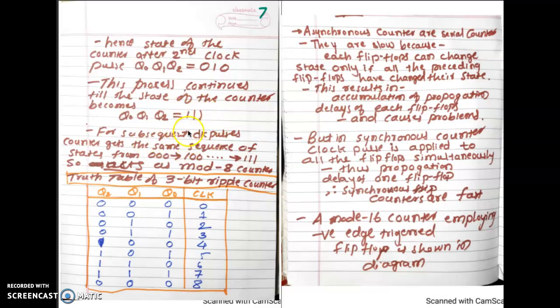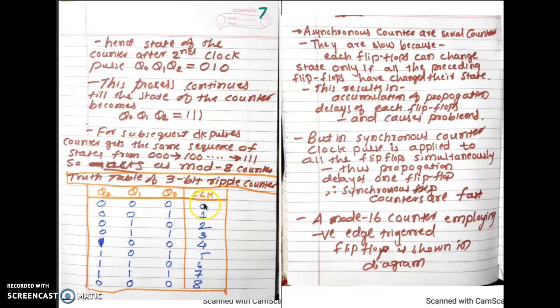If the next clock pulse is given after reaching 111, it again starts from 000 and goes up to 111. It can count only up to a highest of 7. It goes from 0 to 7, which means it counts a total of 8 digits. That is why it is referred to as a mod 8 counter.